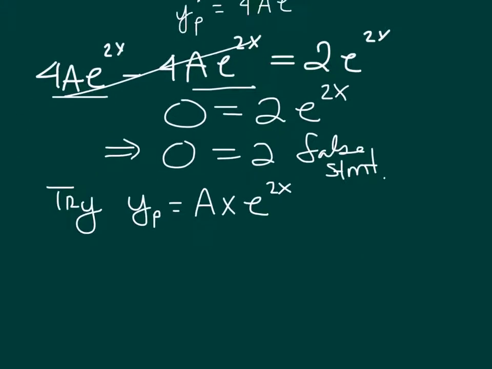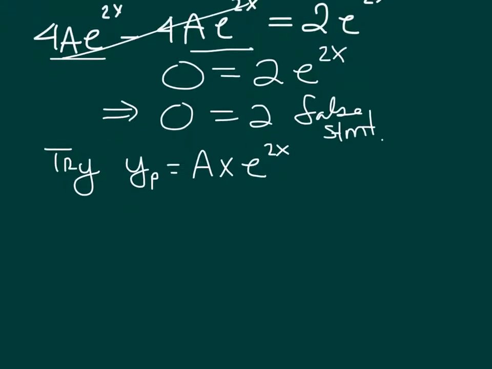We're going to try this, and here we're going to use the product rule because we're multiplying two functions. I'm just going to go ahead and write it in. It should be review. You can do it on the side if you'd like, but when you use the product rule, we end up getting a e to the 2x plus 2ax e to the 2x.